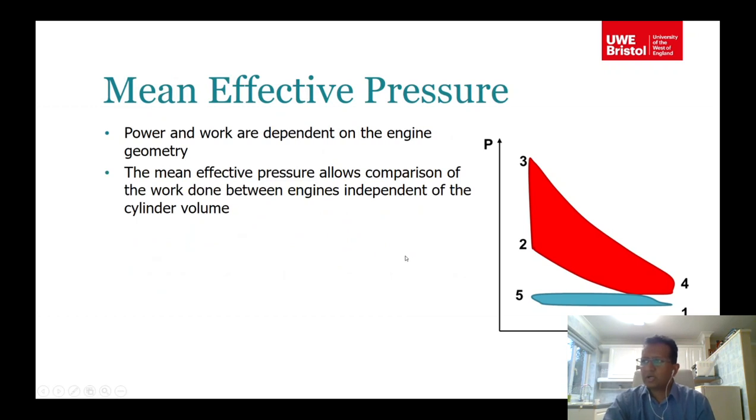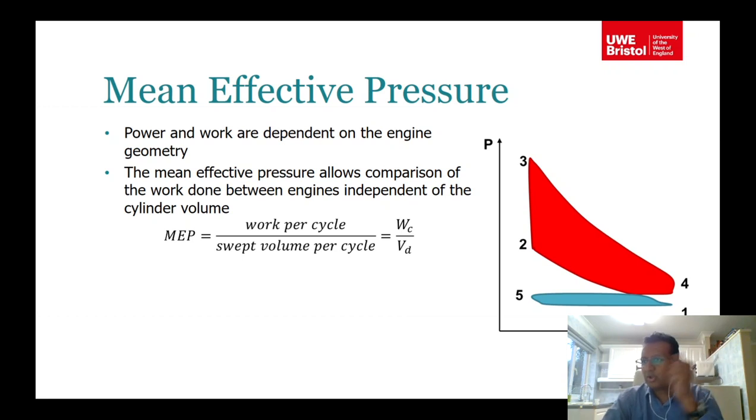So power and work basically depend on the engine geometry. The mean effective pressure allows comparison of the work done between engines independent of the cylinder volume. So what you do is you get the mean effective pressure for the engine, not per cylinder. Okay. So MEP, mean effective pressure, is the work per cycle divided by swept volume per cycle.